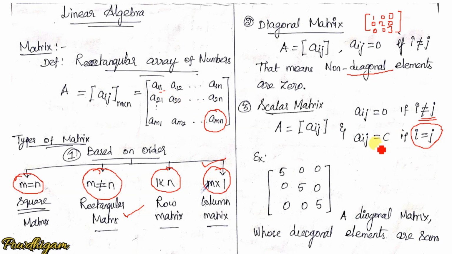So in a scalar matrix, these diagonal elements are c, a constant, and they have the same number. For example, 5 0 0, 0 5 0, and 0 0 5. A diagonal matrix whose diagonal elements are the same is called a scalar matrix.